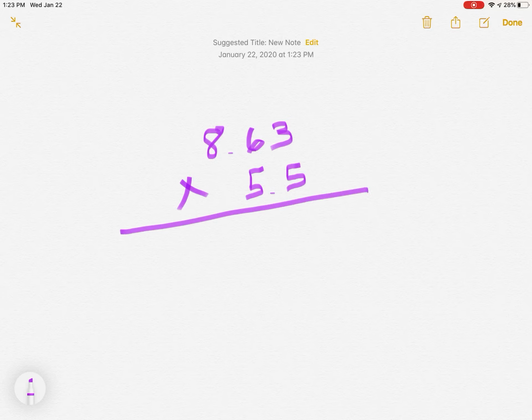Okay. And you don't have to line up the decimal points or anything. Just multiply. 5 times 3 is 15. Carry the 1 over. 5 times 6 is 30. Plus 1 is 31. 5 times 8 is 40.